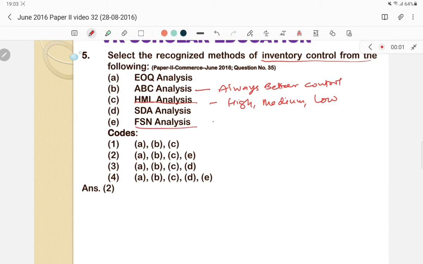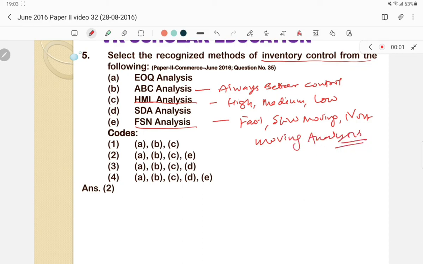FSN stands for fast, slow moving, and non moving analysis, F for fast moving, S for slow moving, and N stands for non moving. Okay, so economic order quantity, always better control analysis, high, medium, low analysis, and fast, slow moving and non moving analysis are the recognized methods of inventory control. So option code second is the correct answer.